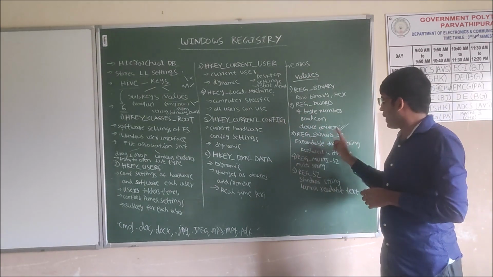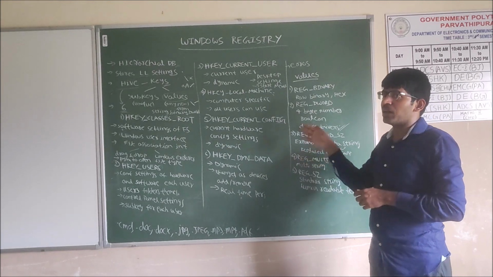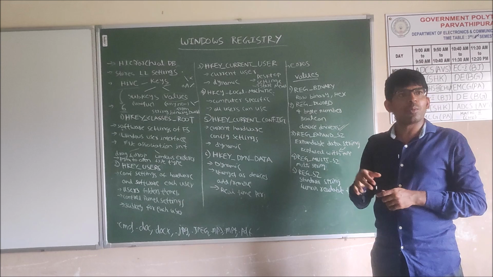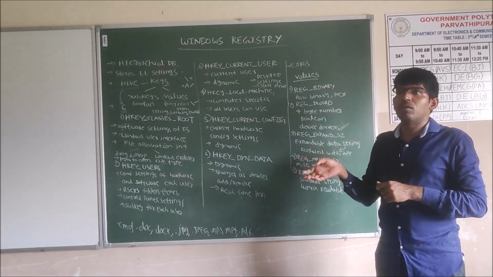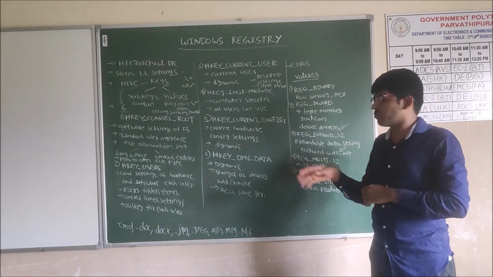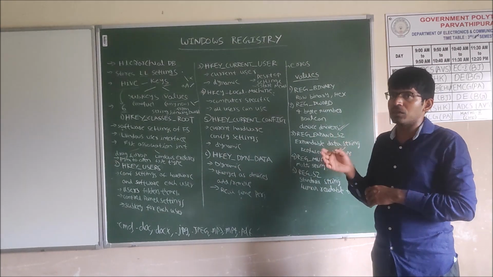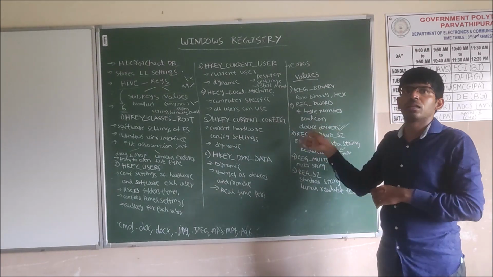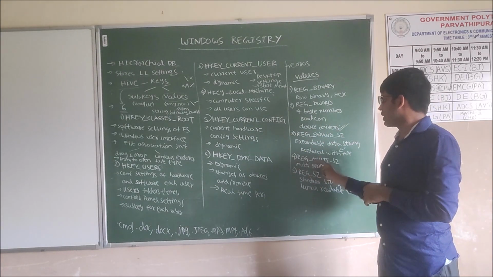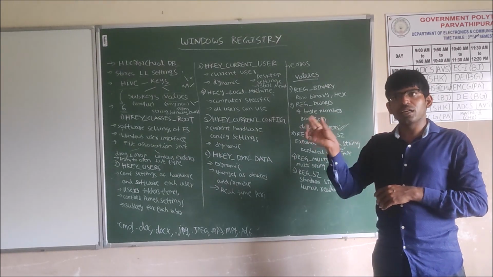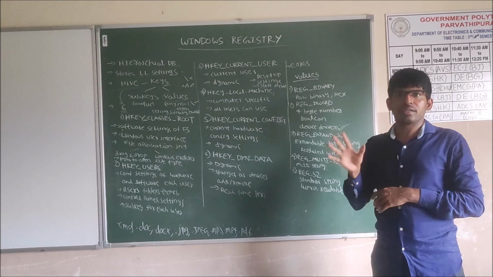And REG_EXPAND_SZ. This is an expandable data string. Whenever some app's information is replaced while we are installing, or every time we are using it, that information will be automatically replaced. This time we use it, next time again we use it. This is dynamic, this can be changed. But in REG_MULTI_SZ we have multiple strings, and each string is separated by a null character.